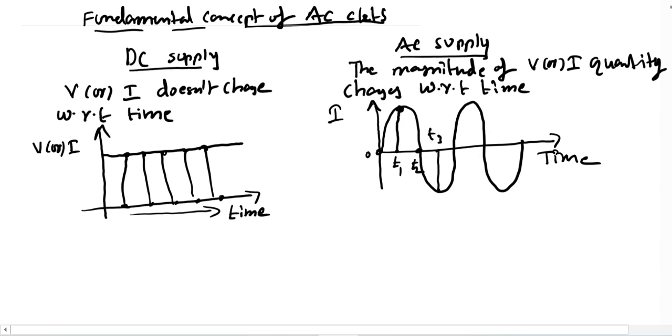So as my time is varying, my current amplitude is varying accordingly. That is the definition you need to understand for AC supply.